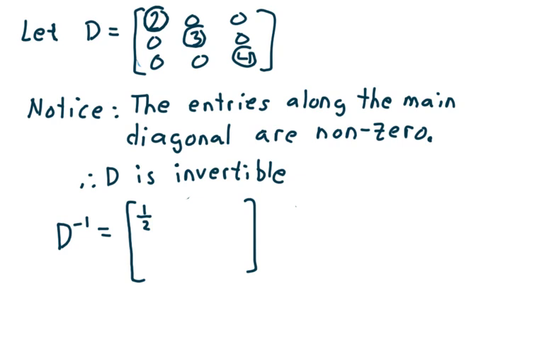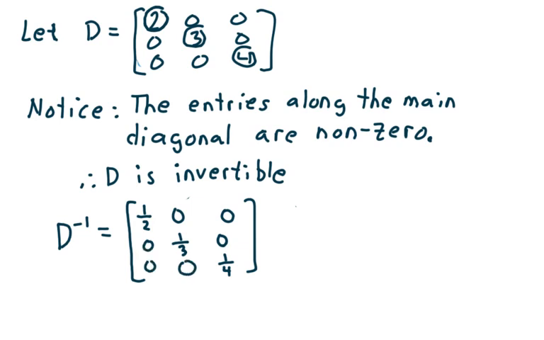The reciprocal of 3 is 1/3. And the reciprocal of 4 is 1/4. And then it turns out all the entries off that main diagonal of D inverse will all be 0. So I put a 0 here, a 0 here, a 0 here, a 0 here, and a 0 here.